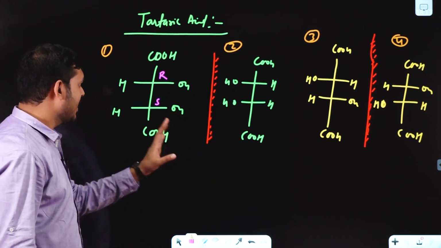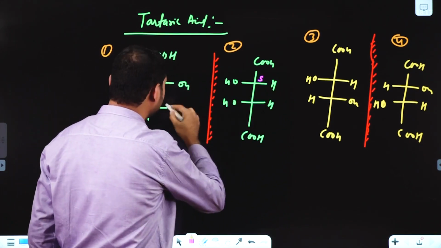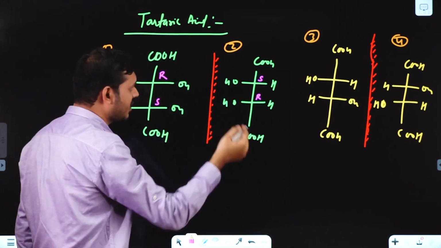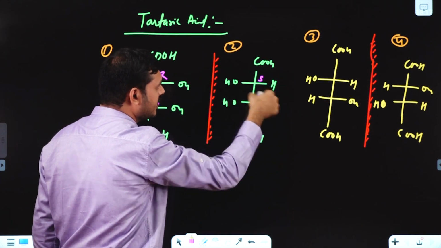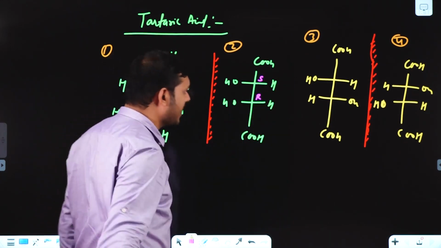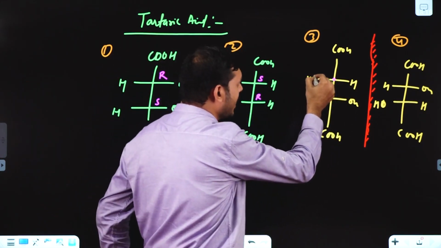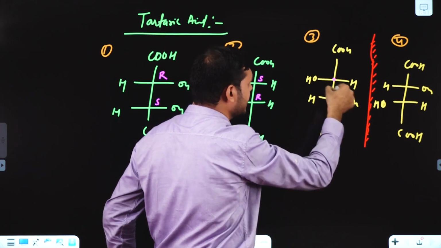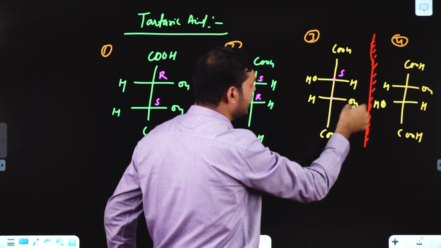Clear? Now check, as this is the mirror image, I can surely say this is having configuration S and this is having configuration R. Let me check. OH towards COOH, clockwise, but hydrogen in horizontal, reverse, anti-clockwise, S, 1, 2, reverse, R. Okay, perfect. Now check this one. OH means 1, COOH 2, clockwise, reverse, this is S, and this one, 1 towards 2, clockwise, reverse, anti-clockwise.